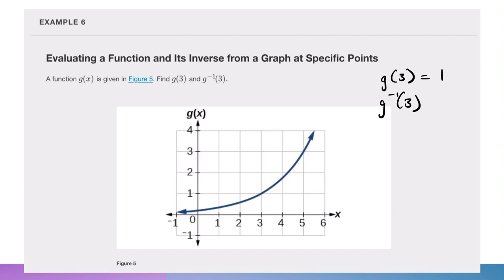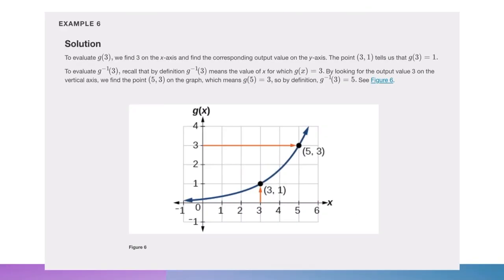With the inverse, we start with: when the output is 3, what's the corresponding input? The corresponding input is 5. So g inverse of 3 should be 5. So g of 3, the output was 1. Yeah, I think we got it.